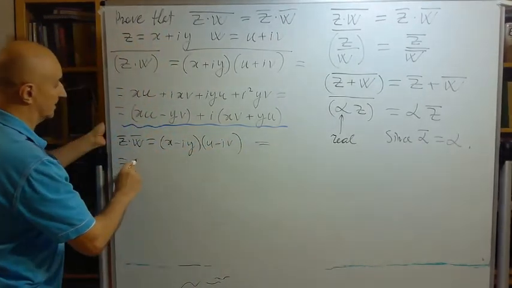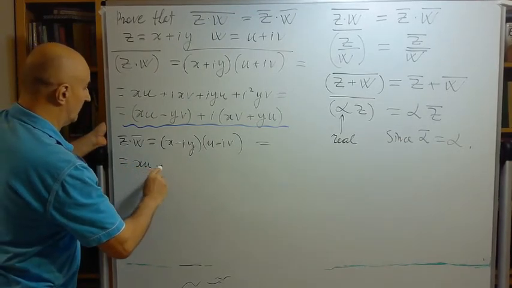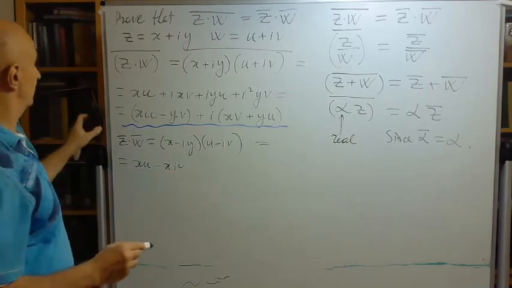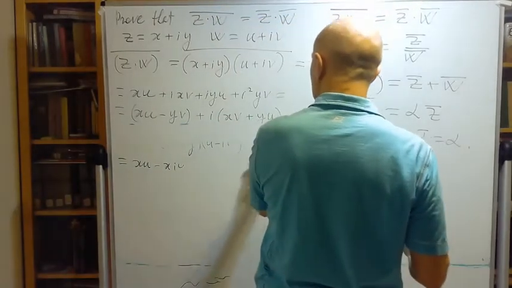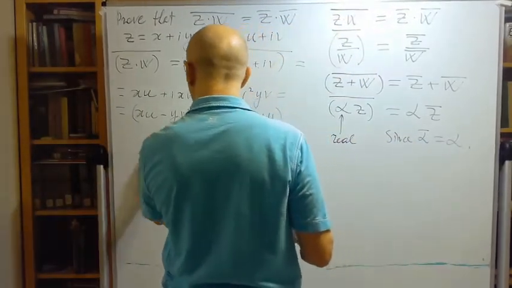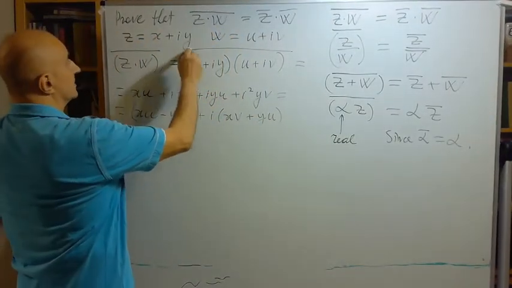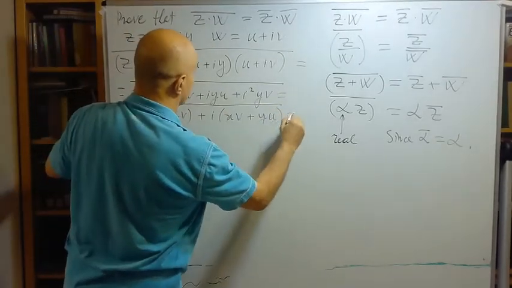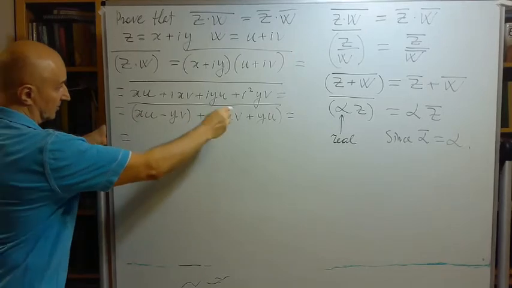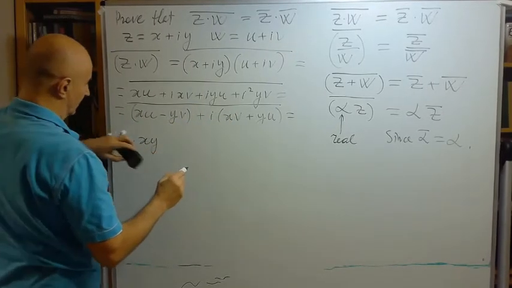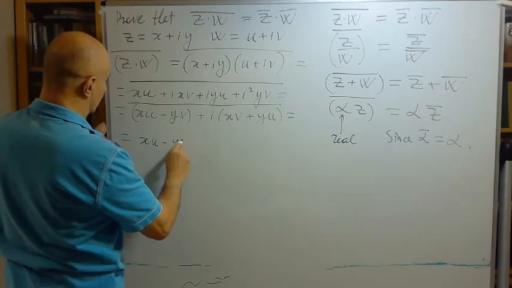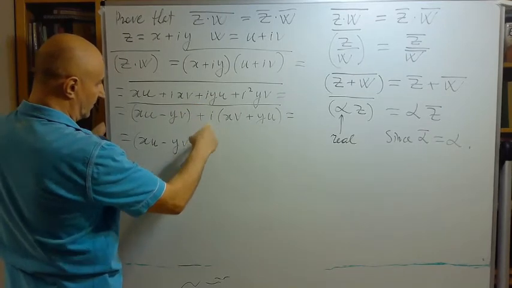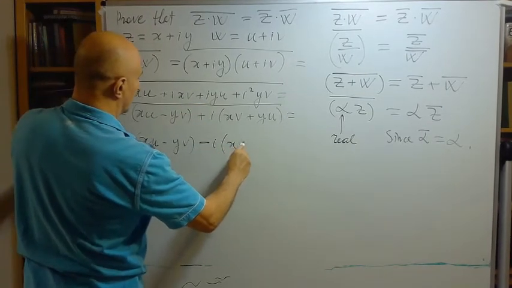I'm very sorry, I did not finish the previous calculation, because I forgot the conjugate symbol going over the whole thing. So the conjugate of this number will be: the first bracket xu minus yv, minus i times xv plus yu, because conjugate tells me to put minus before i.